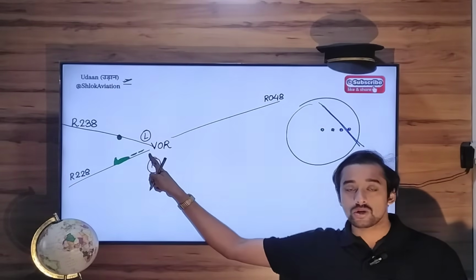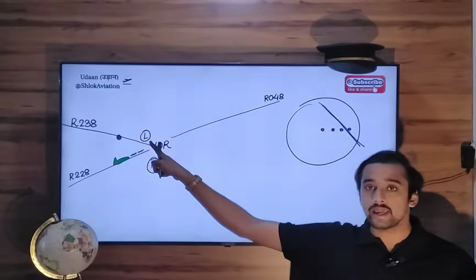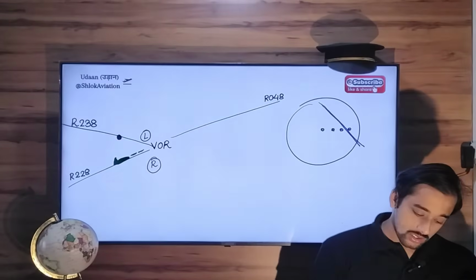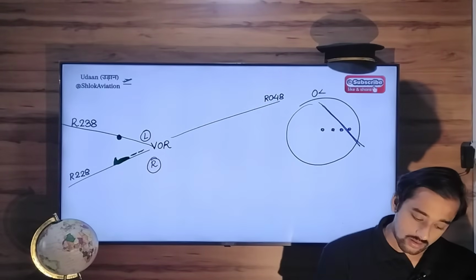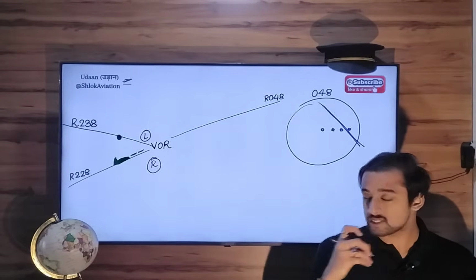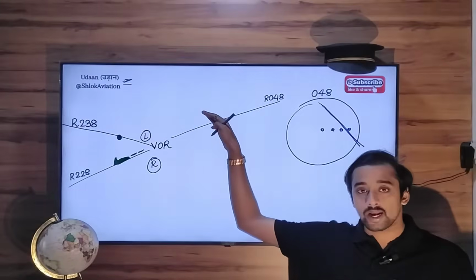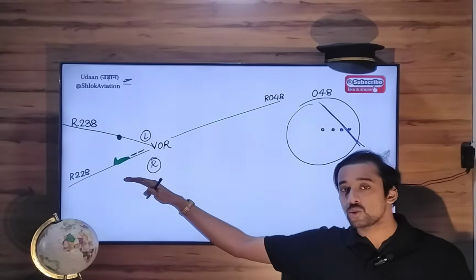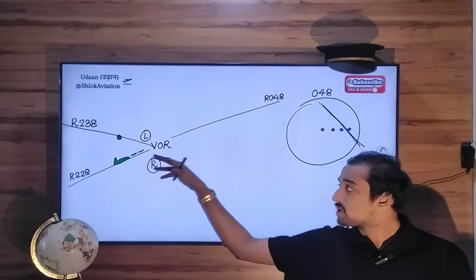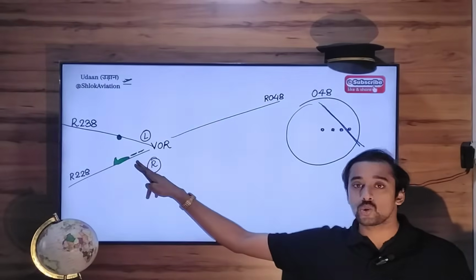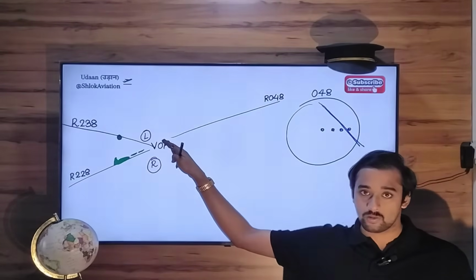Okay, and the course selected in the OBS is not 238, but it is 048, which is the reciprocal of 228, right? So in order to transition from radial 228 to 048, you must be established on radial 228 first and then fly inbound.